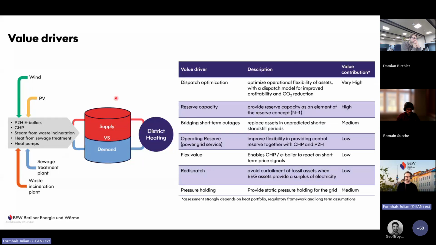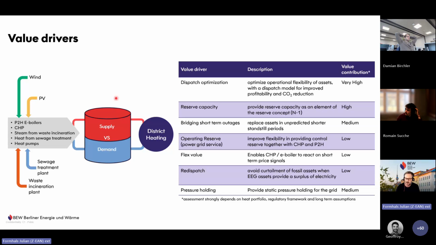We have reserve capacity, so we have a charging and discharging capacity of 200 megawatts here. So if we know it gets quite cold, we can charge the storage and use this as 200 megawatt of backup capacity. Otherwise, we would need to build additional generation units to do so.